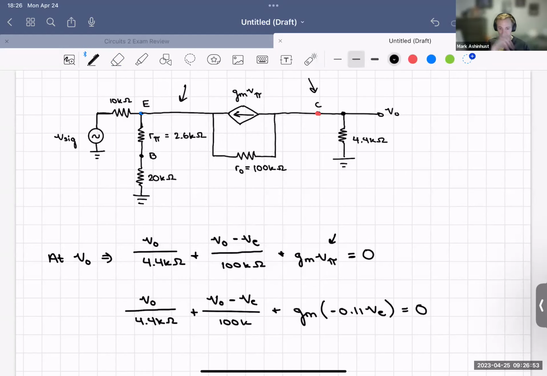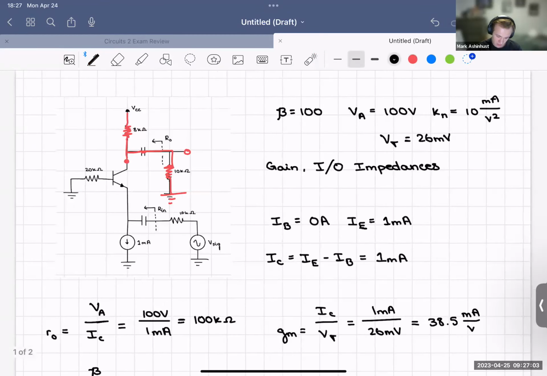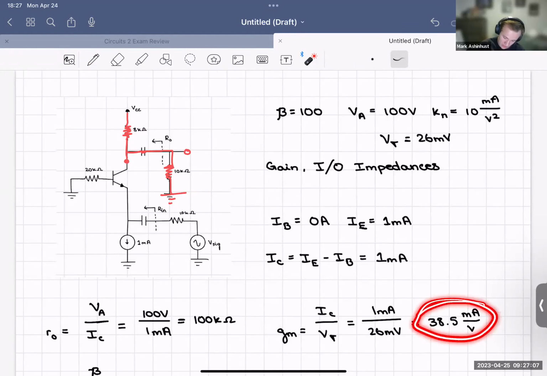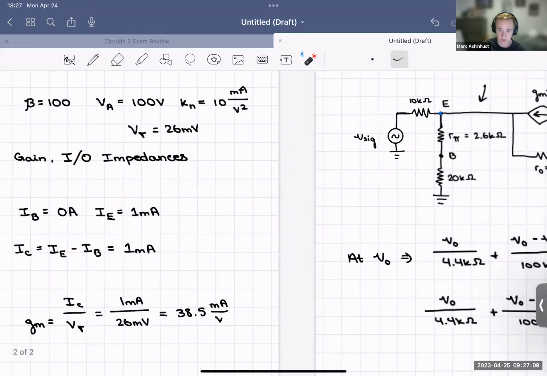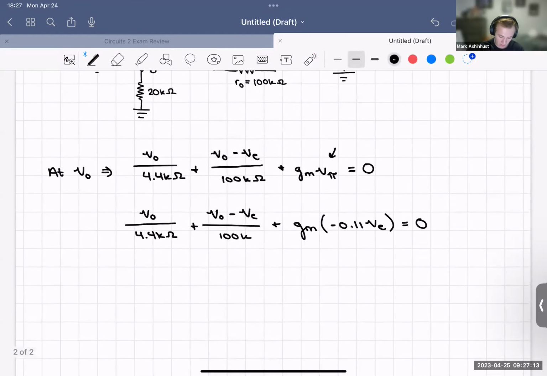It reduces something else because, even though I'm writing GM here, we know what GM is, so we can put in a value for that. We already solved for GM to be 38.5 milliamps per volt. It's just easier to write GM in the moment.